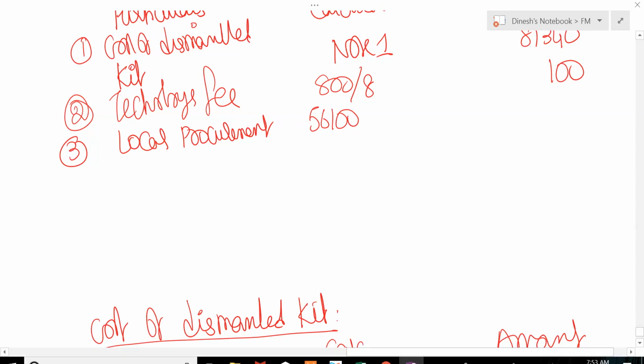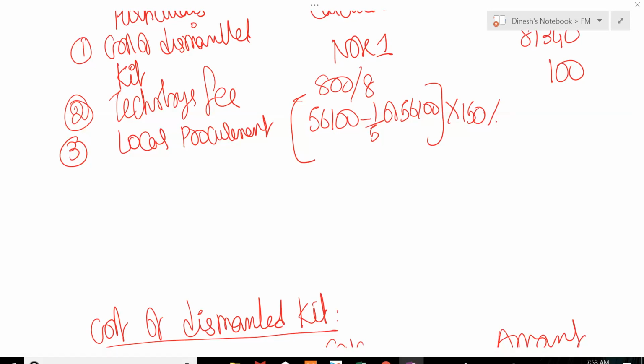For them, it's the selling price minus 1 by 5 of 56,100, into 150%. 56,100 minus 1 by 5 of 56,100 into 150%. Institute's interpretation is that this refers to the cost by the parent company itself.